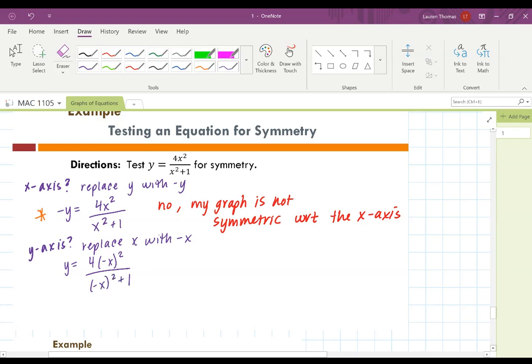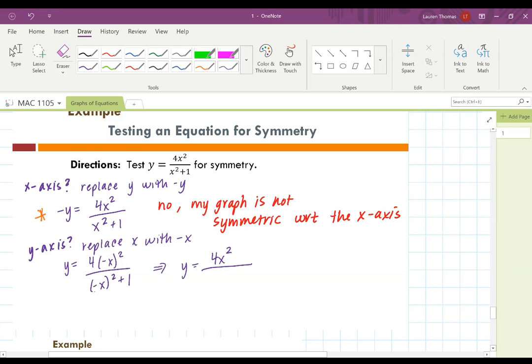All right, and I'm going to do any simplification that I can do. So I do know that if I have a negative and it's squared, it becomes positive. So this is going to become x squared. So this becomes y equals 4x squared over. Same thing's going to happen in the denominator. So I have negative x to the second power.